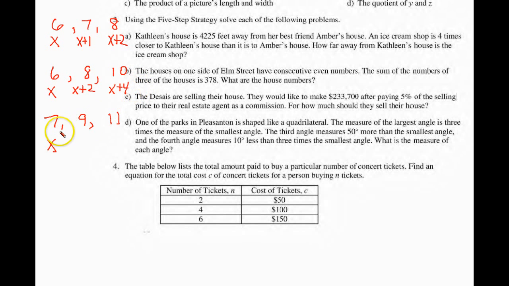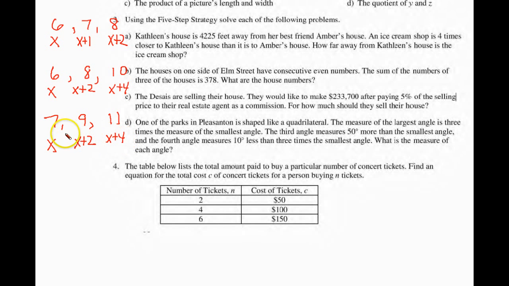Now here, this is sometimes confusing for students, but check it out. Here, I'm starting with an odd number, 7. How many do I have to add to 7 to get 9, the next odd number? Yes, x plus 2 still. And here, x plus 4. And you might say, wait a minute, this line and this line are the same.